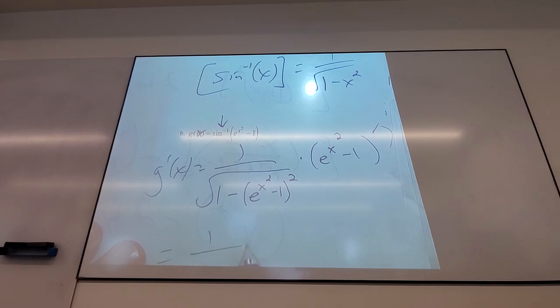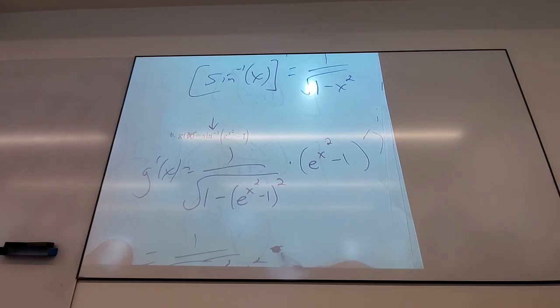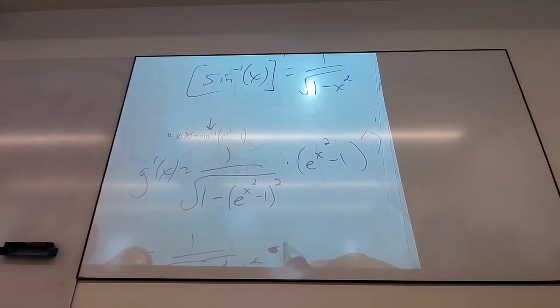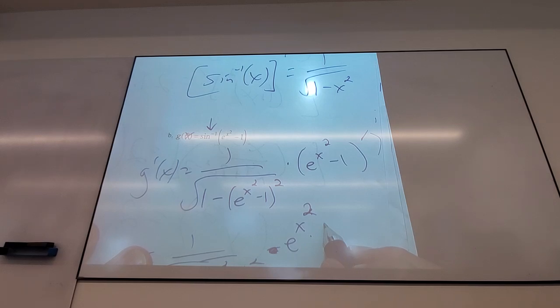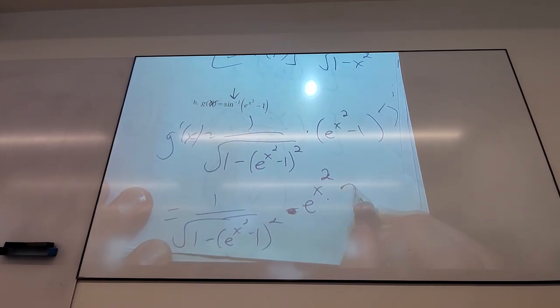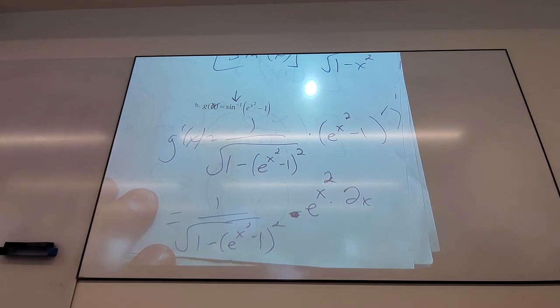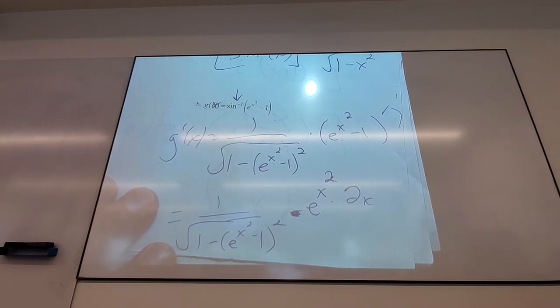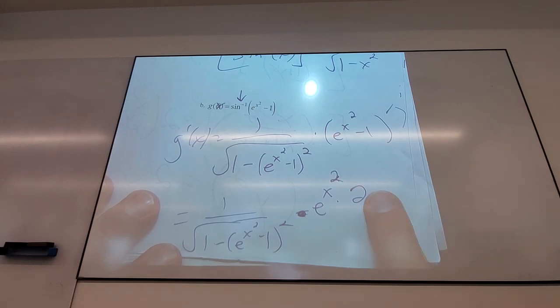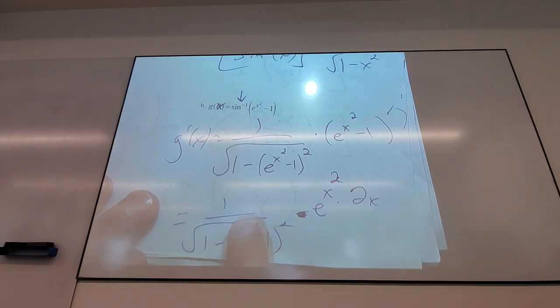So what's the derivative of e to the x squared? e to the x squared times 2x. And of course the derivative of negative 1 is 0, so that part goes away. Okay. So you could write 2x e to the x squared over this business.